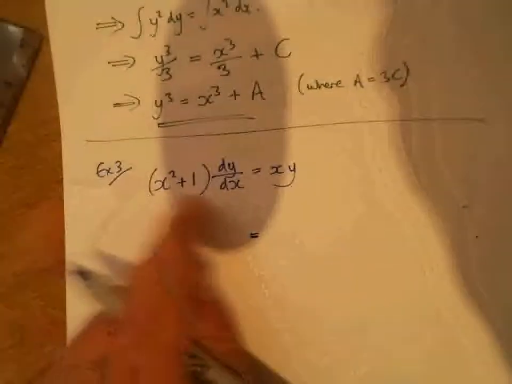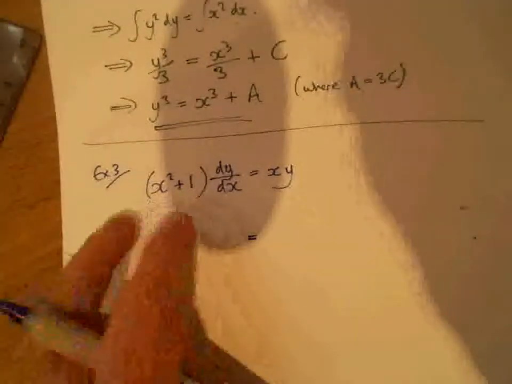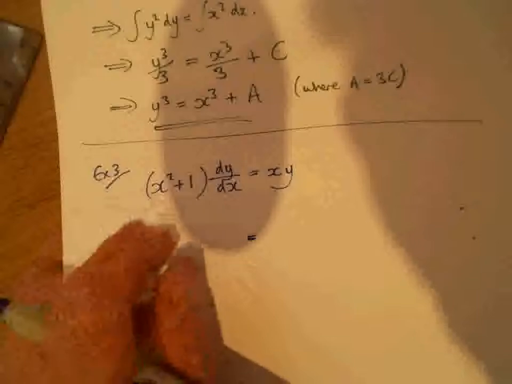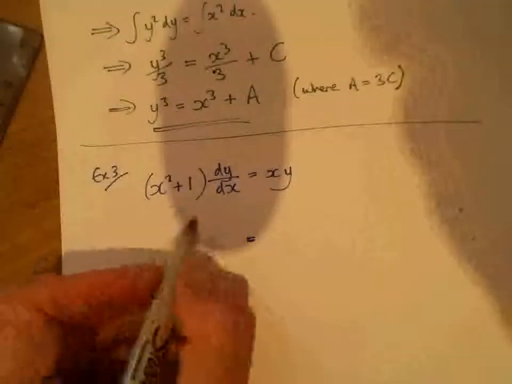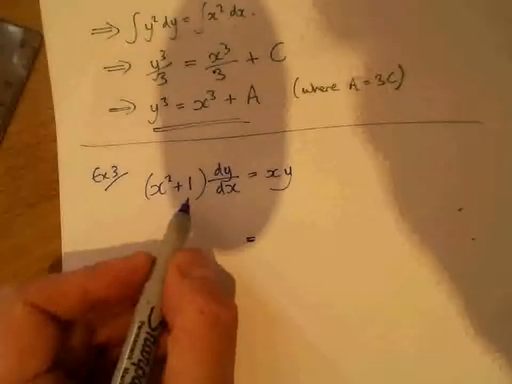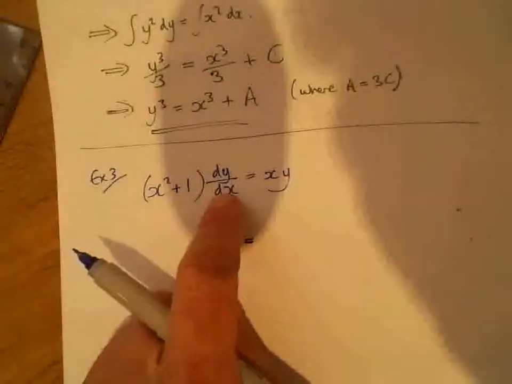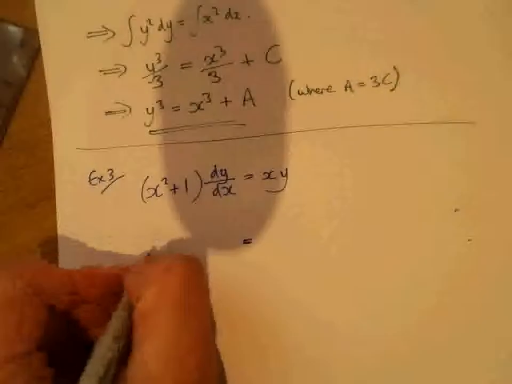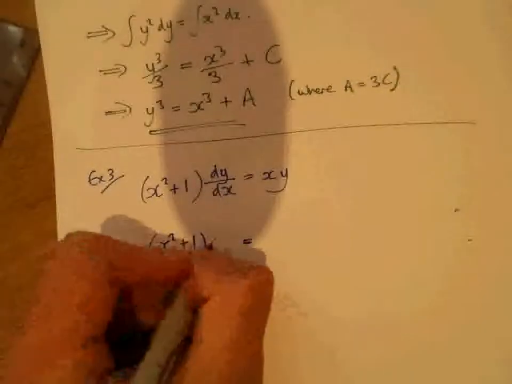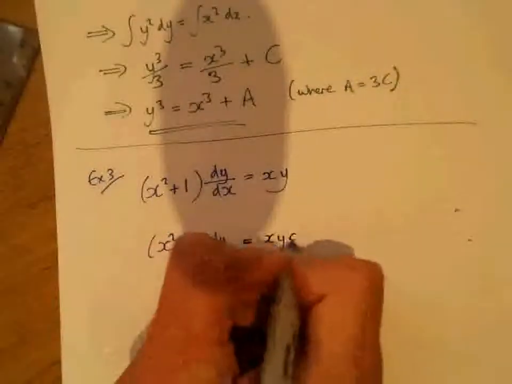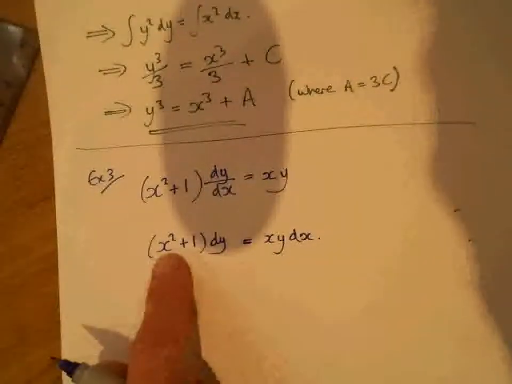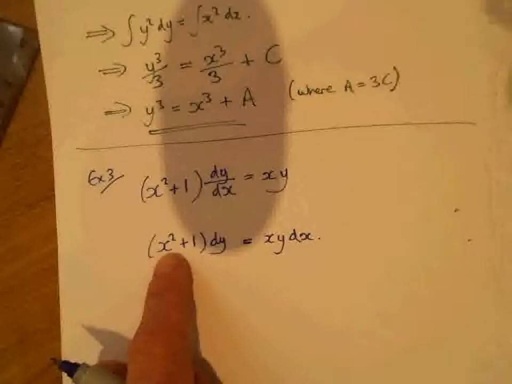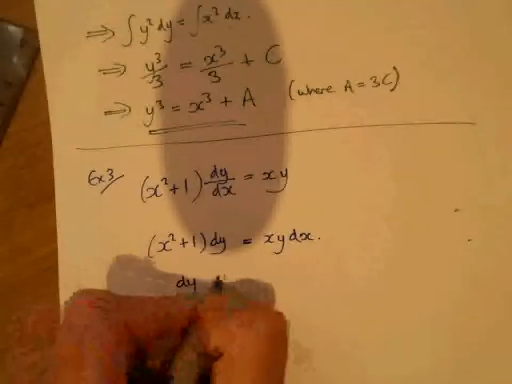So if we do that, we can do it in a couple of steps, I suppose. How should we do this? With practice, you can do this very quickly, and it depends on your algebraic fluency and skills. We can multiply both sides by dx. We'll just do it a couple of steps at a time. Multiply both sides by dx. We could now divide both sides by x squared plus 1.